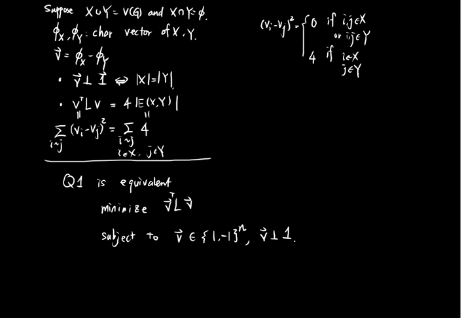So this part just means V is in Rn and the entries are each 1 or minus 1.